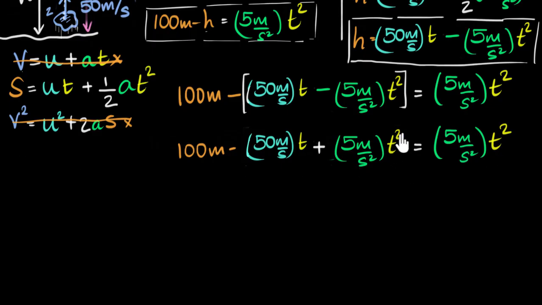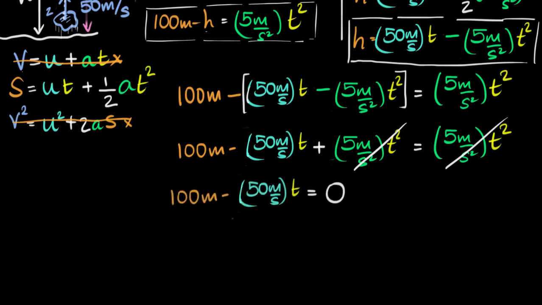So that just cancels out. We can subtract 5t squared on both sides. And we are lucky because the t squares canceled out. Otherwise, it would have been a quadratic equation. There would be more steps. But now because the t squares are gone, that means we are left with 100 meters minus 50t equals 0. And we can now solve it in a couple of steps.